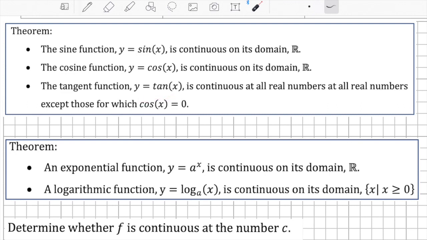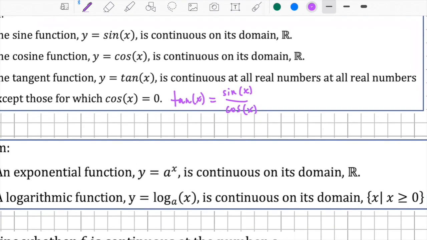And the other trig function, tangent, is continuous everywhere except where cosine of x is 0. Now remember that tangent of x is sine x over cosine x, and it'll be discontinuous when the denominator is 0 because it'll be undefined. So we don't want cosine to equal 0.